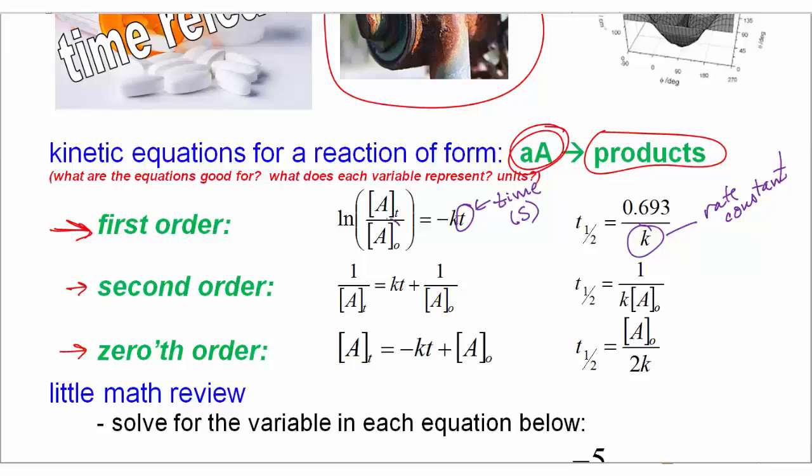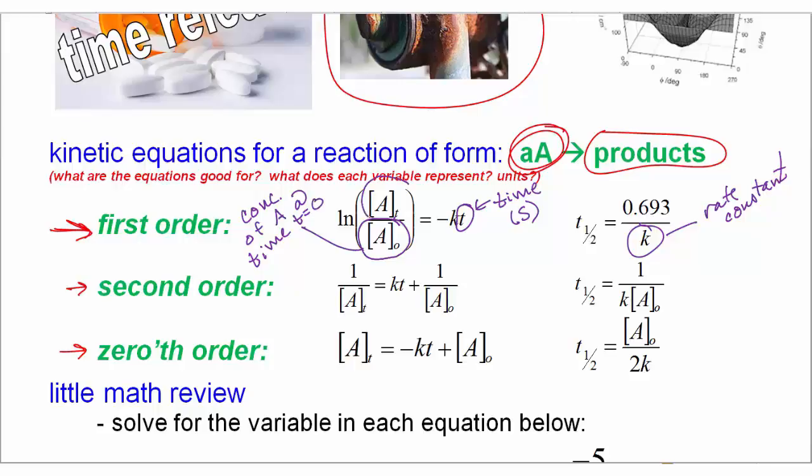We have brackets with a subscript 0. Whenever you see brackets, that means concentration. So that's the concentration of this reactant A at time T equals 0. There's a 0 down there.